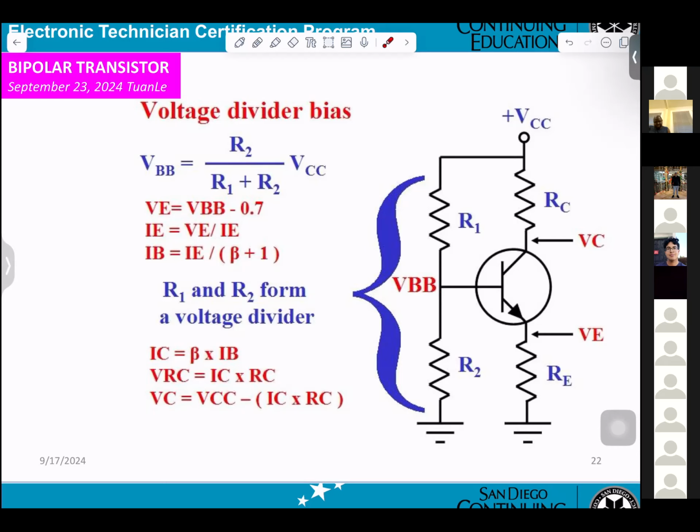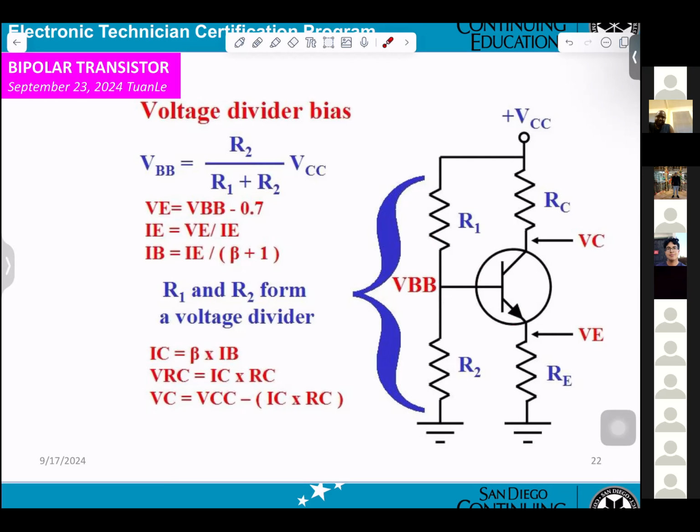A power supply can cost about $30, $40. However, resistors R1, R2 cost about 10 cents for 8, much cheaper. So that's why this is the way to bias the transistor to make the transistor work.